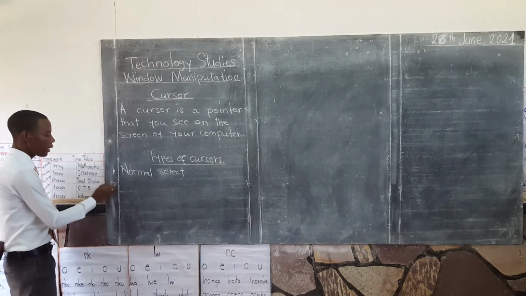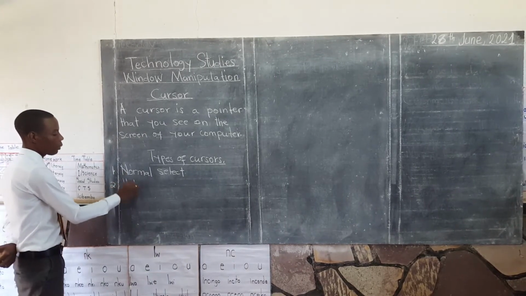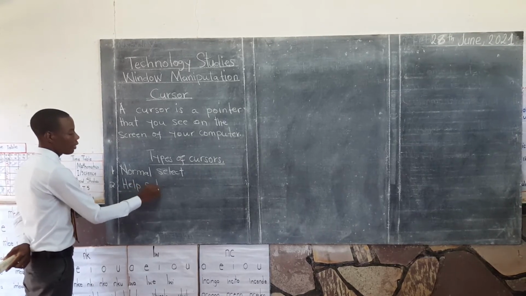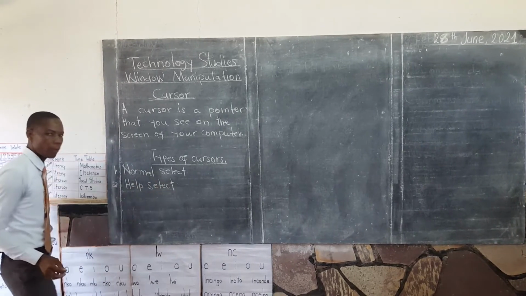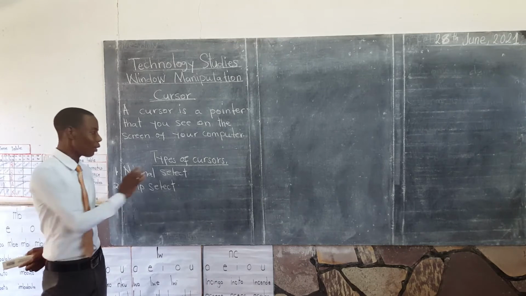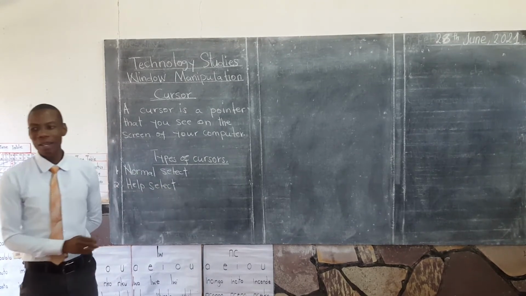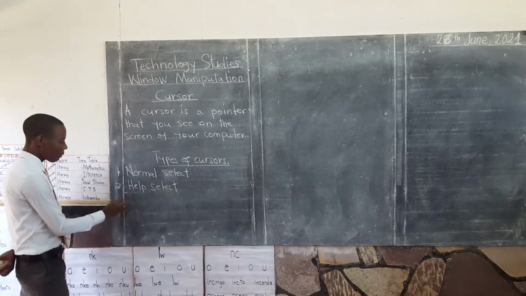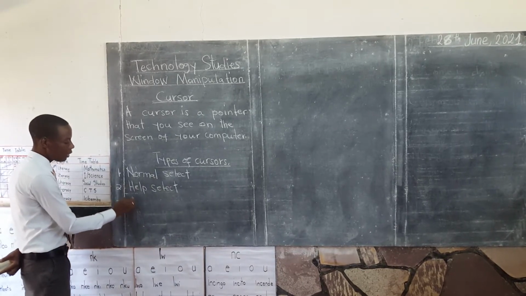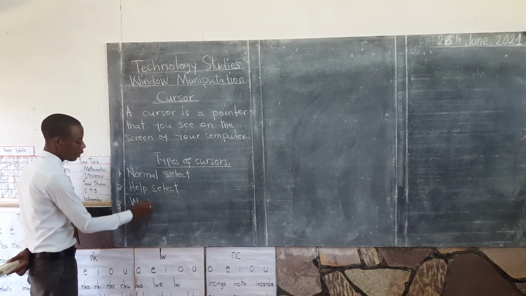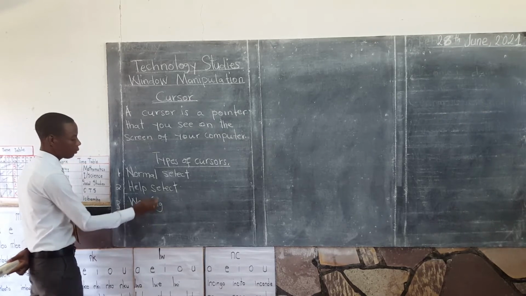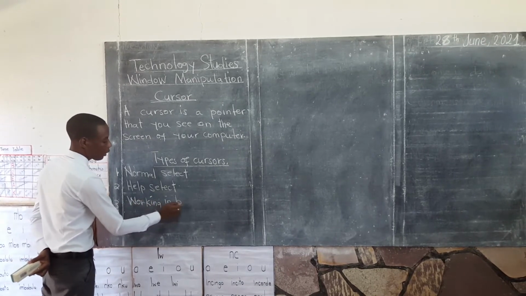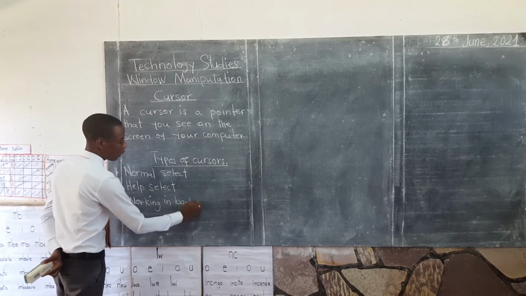Apart from that, there is a cursor we call help select. Don't worry, you will get to see what I'm trying to talk about. Apart from the help select, there is a cursor type called working in background.